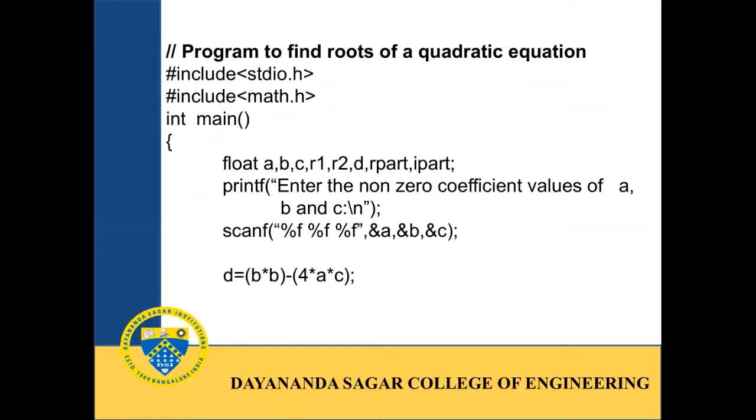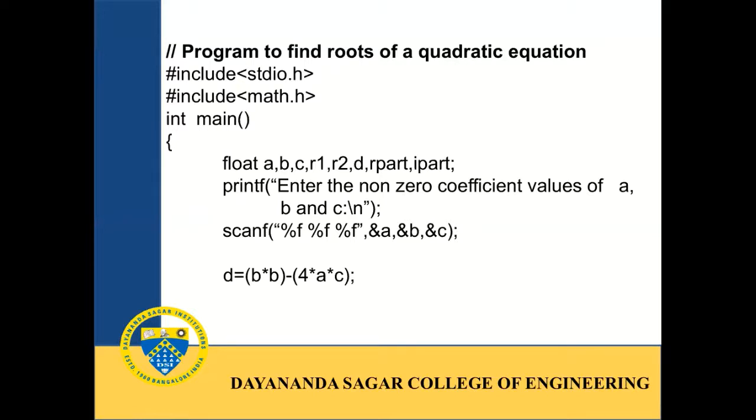Then we need to find two roots, so r1 and r2 representing the two roots. Then d for discriminant, because that is the one which will tell us what type of roots we are going to get. Then we need to have a real part and imaginary part for the complex type of roots. So that's what R part and I part are for.